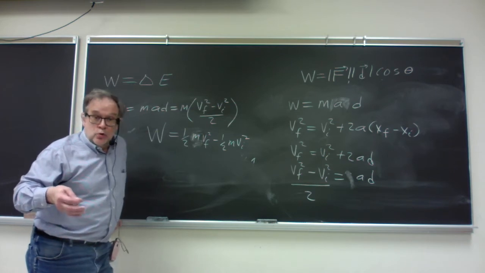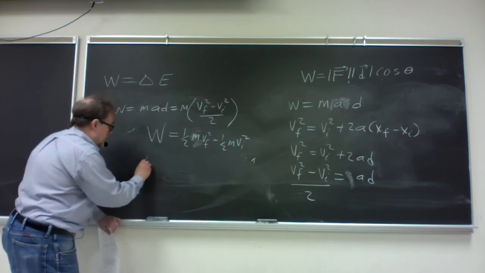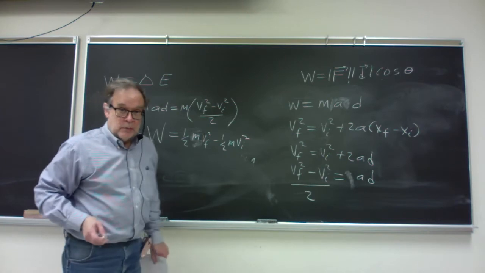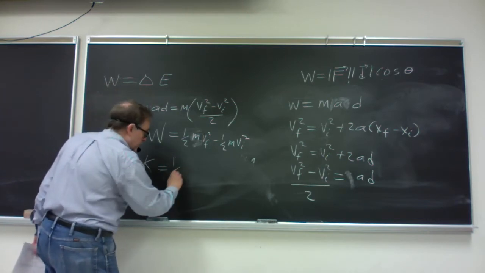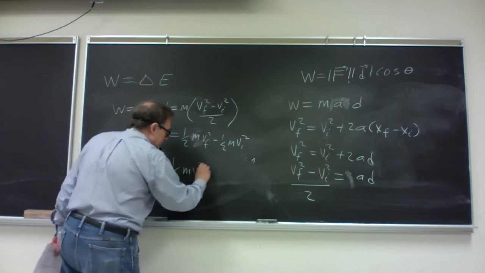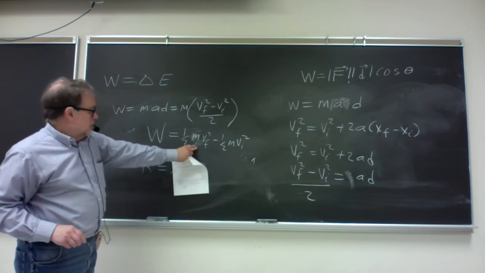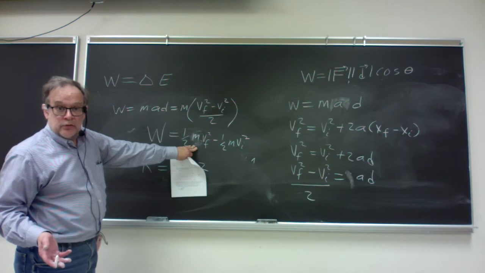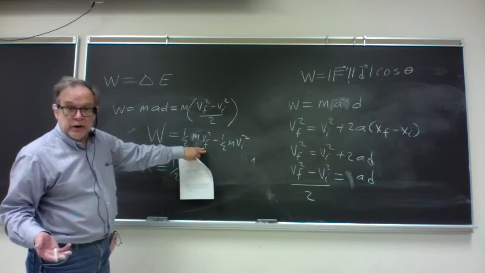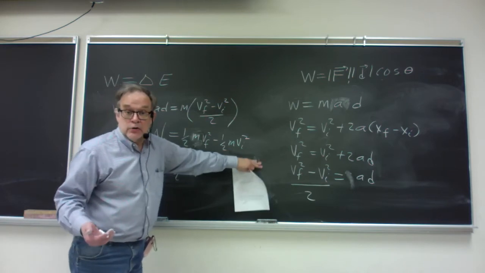And at this point, we define a particular type of energy called kinetic energy, and we symbolize that just with an uppercase K. Kinetic energy of an object is defined as 1/2 times its mass times its speed squared. So that expression there is just the final value of kinetic energy, 1/2 mass times final velocity squared. And that number there is just the initial kinetic energy.